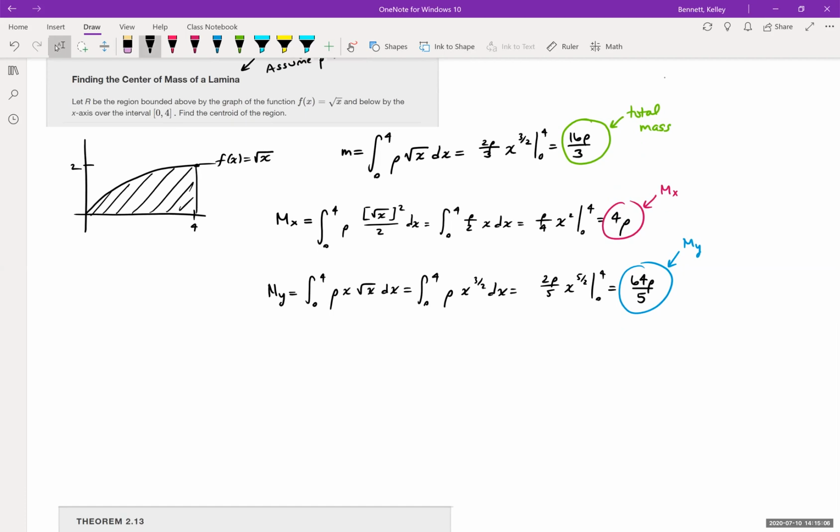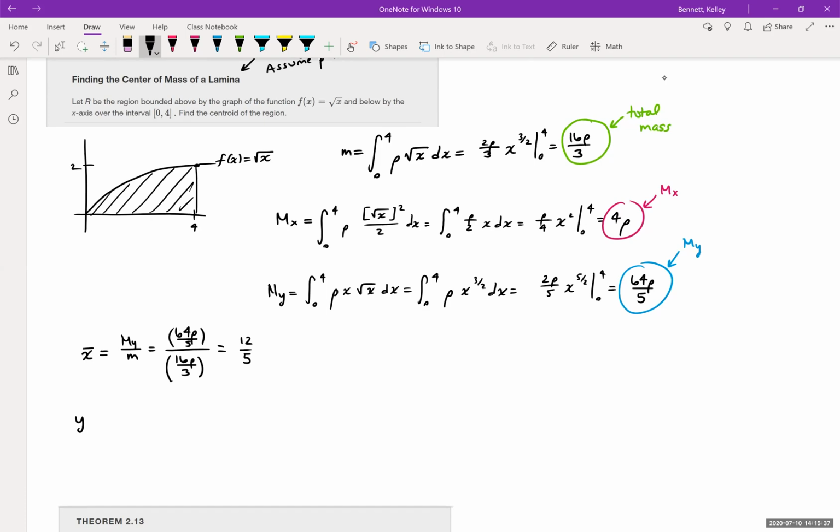So now all that remains is to compute the centroid. So x bar equals m sub y over our mass, m sub y being 64 rho over 5, and our mass being 16 rho over 3. So if we simplify that fraction for x bar, we should get 12/5.